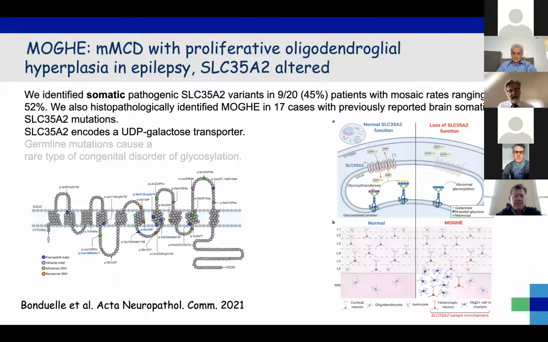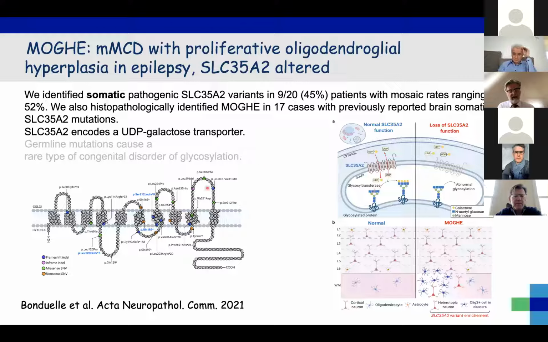So it's a sugar pathway, and we have no idea yet why this situation becomes so epileptogenic. But there are many things going on with this galactosylation, also in terms of when the myelin is built and so forth, and we have to look into these animal models.